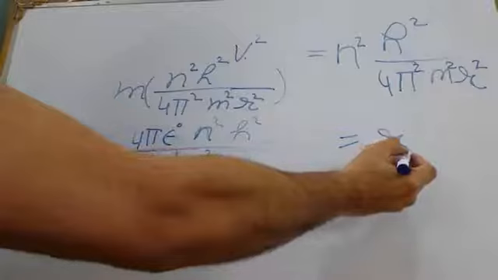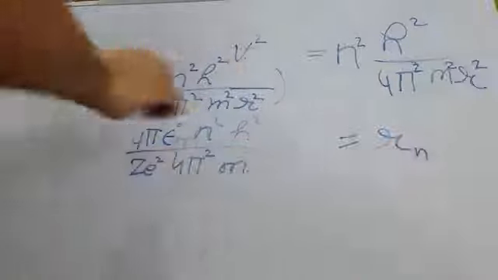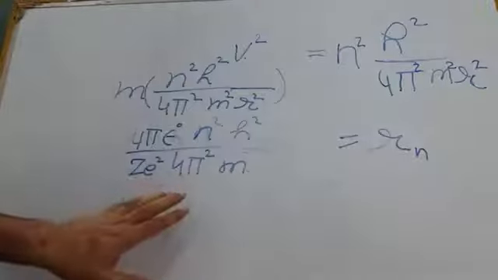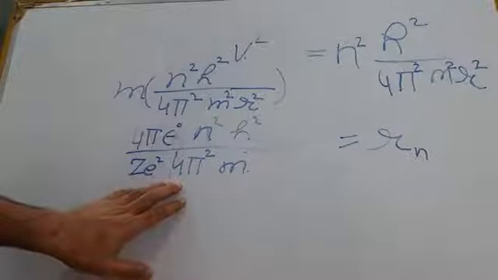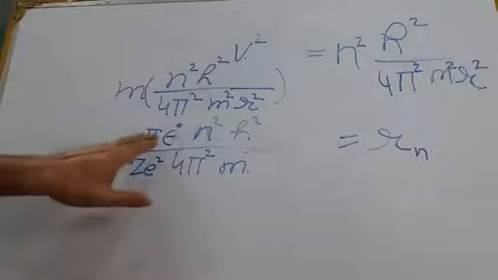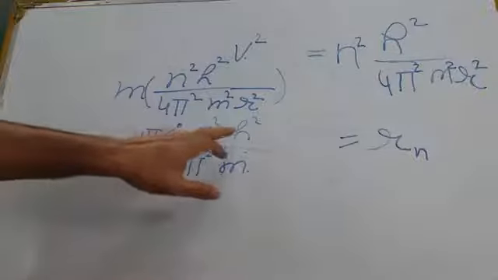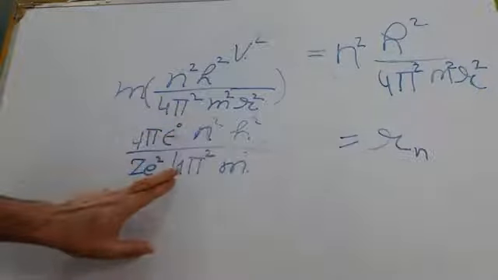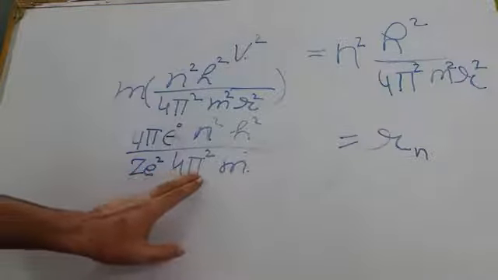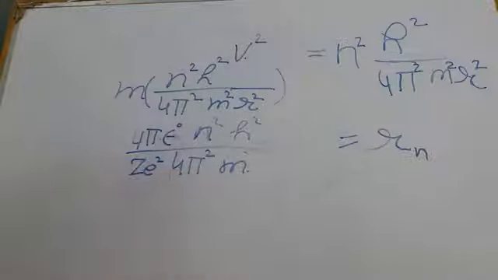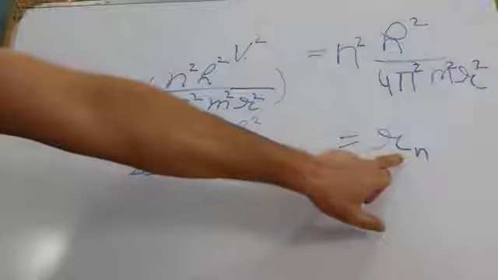This r is what? r n, and we have got this equation. This equation is 4 pi epsilon 0 n square h square upon z e square 4 pi square m. This is equal to r n.